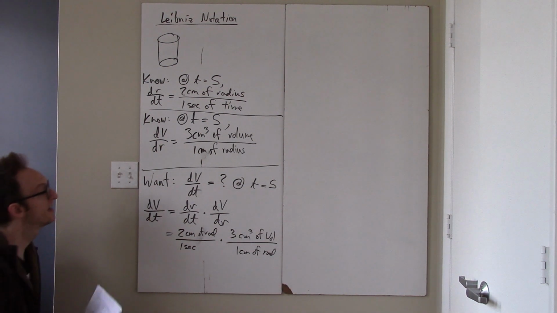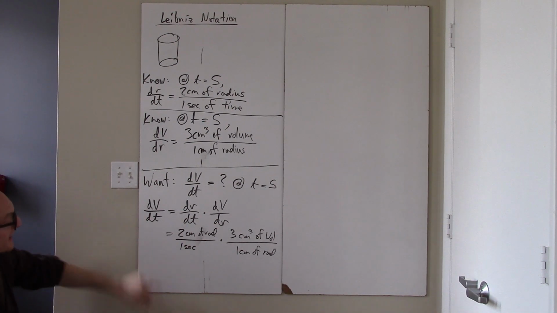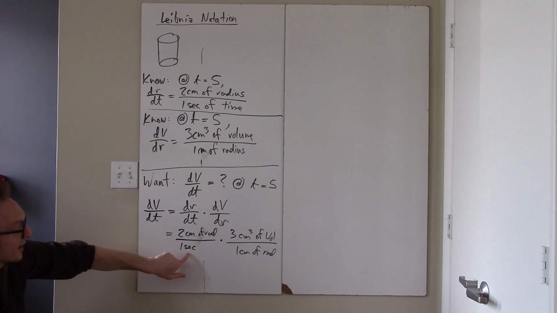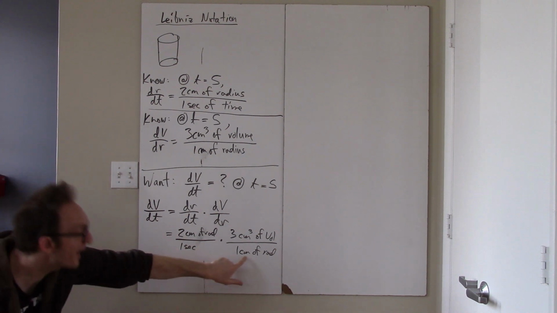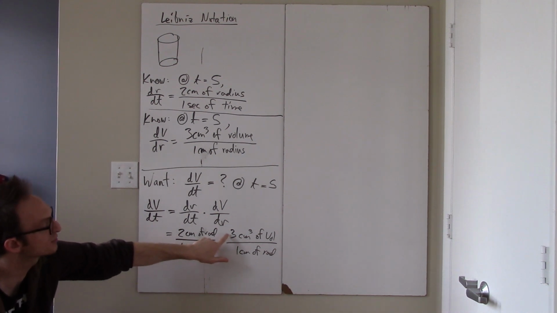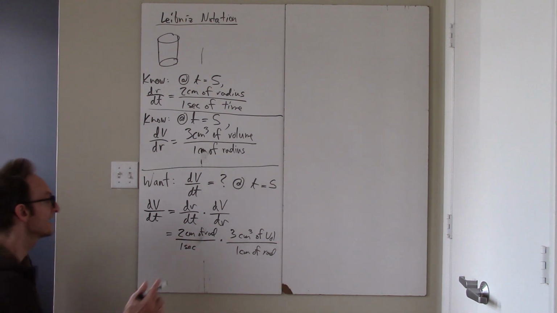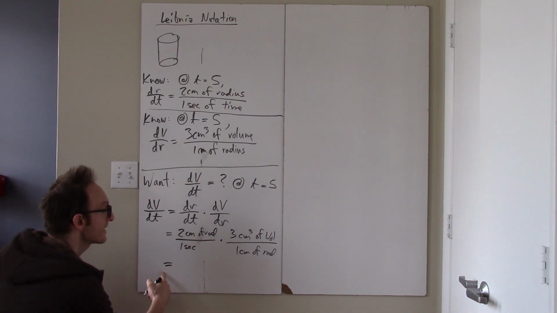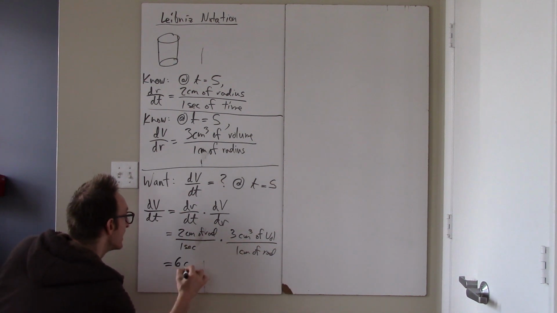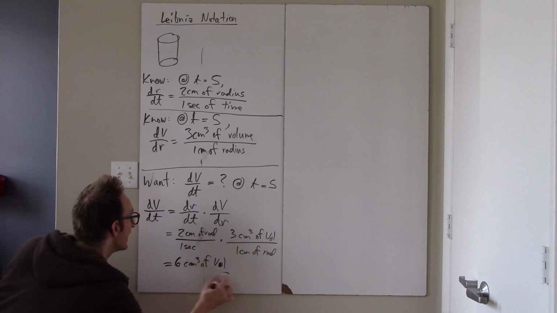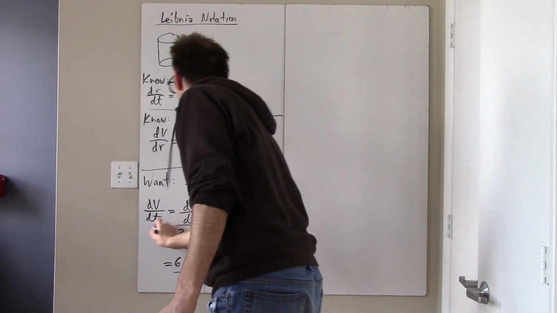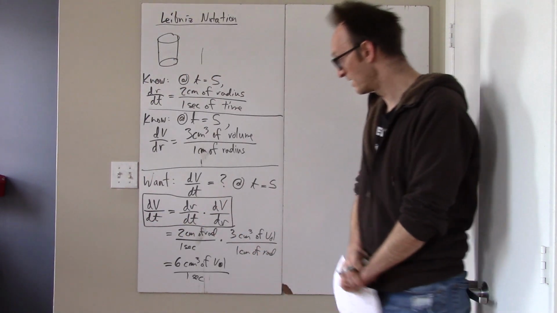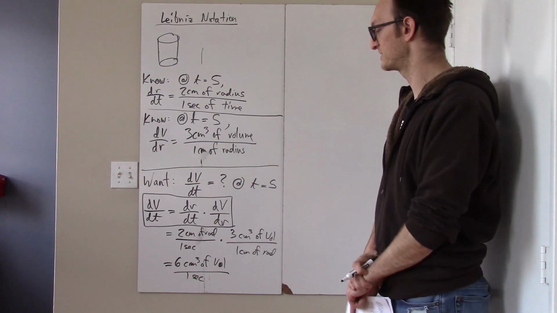In other words, if I want to know the rate at which the volume is increasing, I just say, okay, for every second that goes by, I'm getting an extra 2 centimeters of radius, and for every centimeter of radius, I get an extra 3 cubic centimeters of volume. And so the answer is, of course, that I will get 6 cubic centimeters of volume per every 1 second. And the conclusion is that you just multiply these, obviously. That dv dt is dr dt times dv dr.